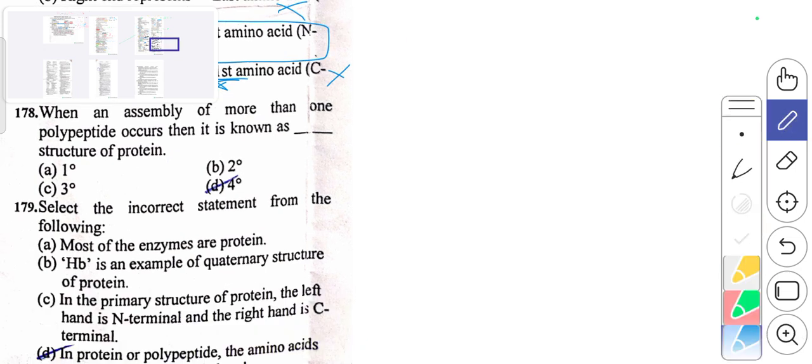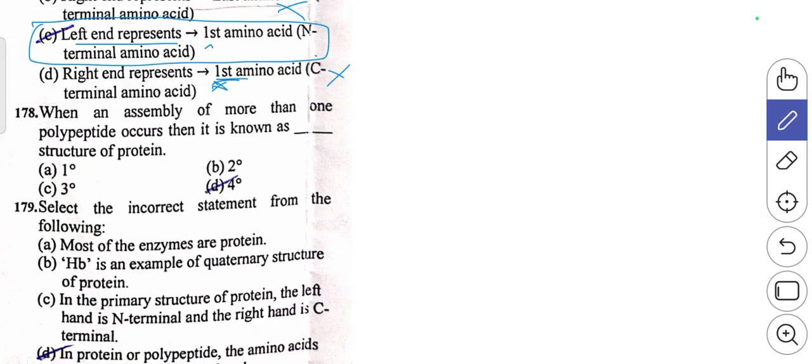Then next one, when an assembly of more than one polypeptide occurs, then it is known as dash structure. When an assembly of more than one polypeptide, maybe the fourth.